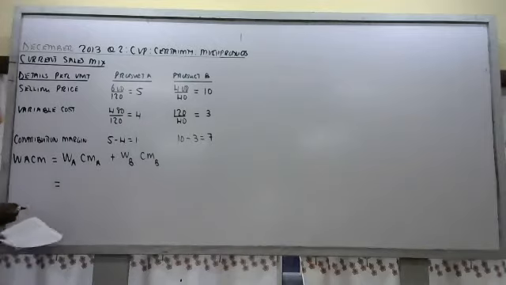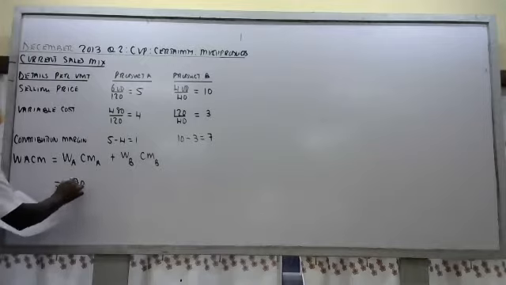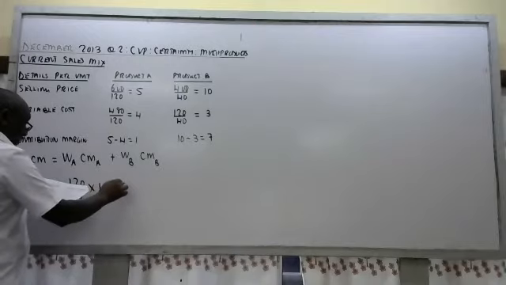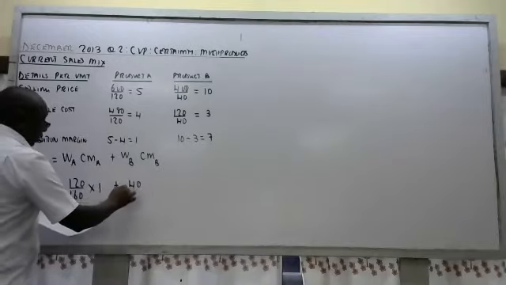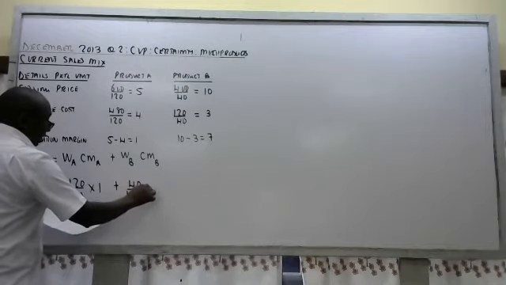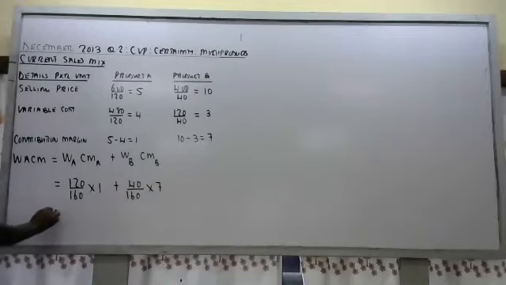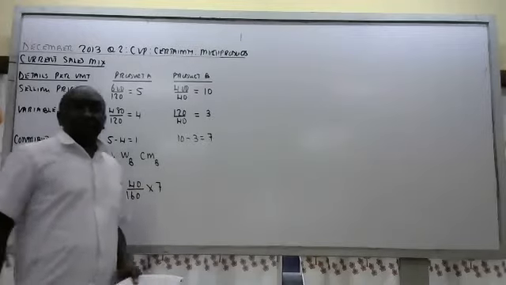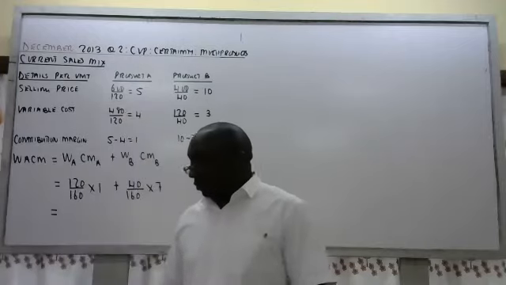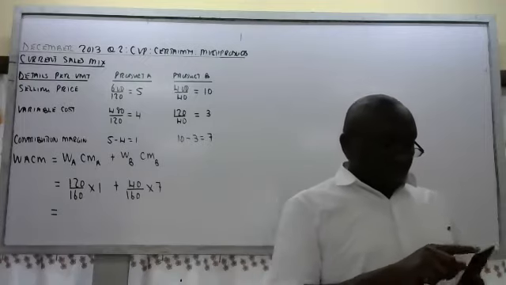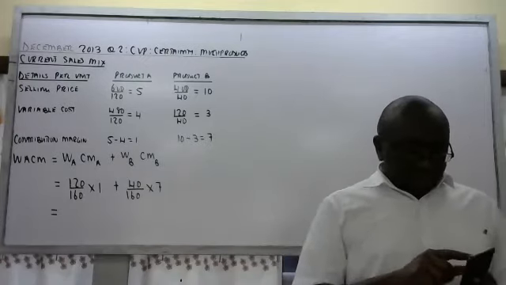So the units of A, as you can see up there, they are 120 in a total of 160, times 1, plus 40, you divide by 160, times 7. So work out that and tell me what is the answer.